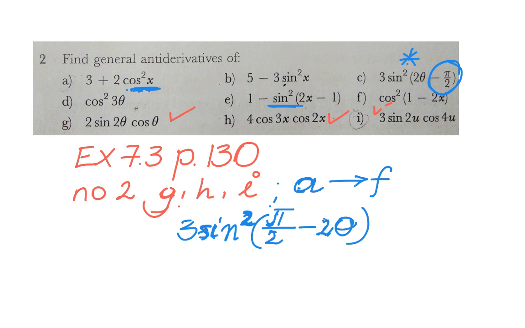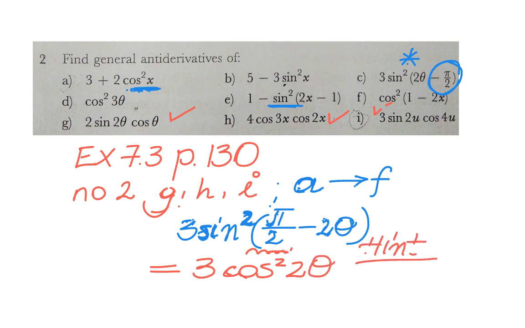I also don't have to worry about which quadrant I am in. I must just remember that pi over 2 is 90 degrees, so this needs to change into a co-function, which is then cos square of 2 theta. So just a little hint for example C.